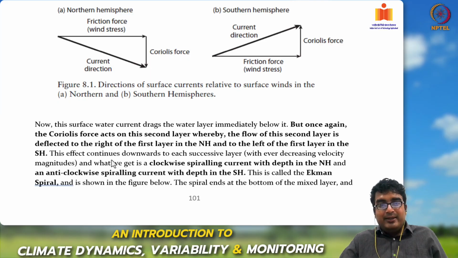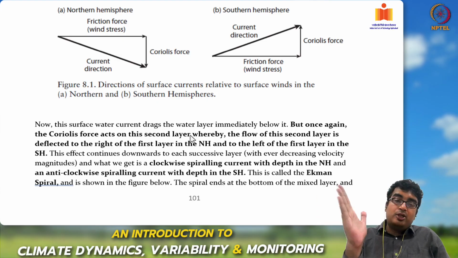So the first layer is here, the direction. Because the Coriolis force is once again acting on the second layer, the flow of the second layer is deflected to the right and moves further to the right. Similarly, here it moves further to the left and goes in this direction.